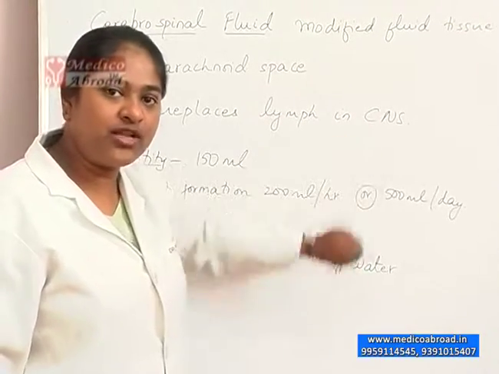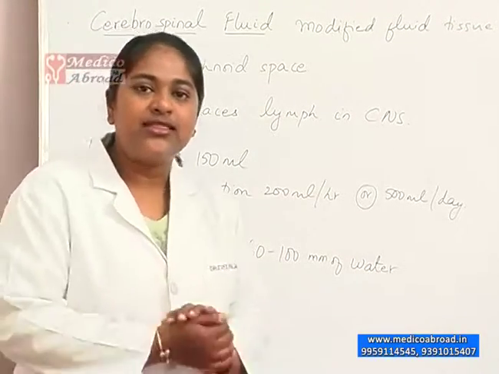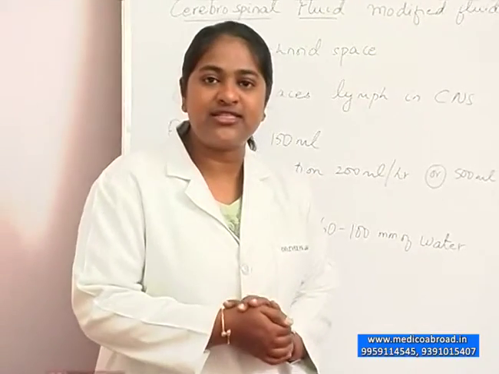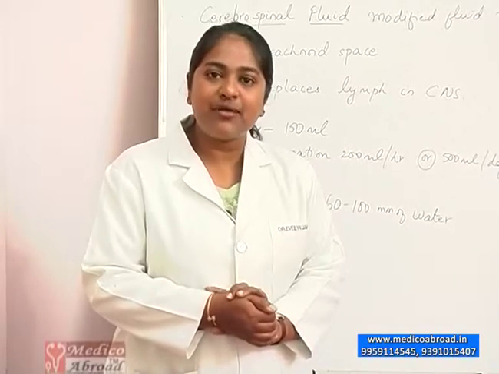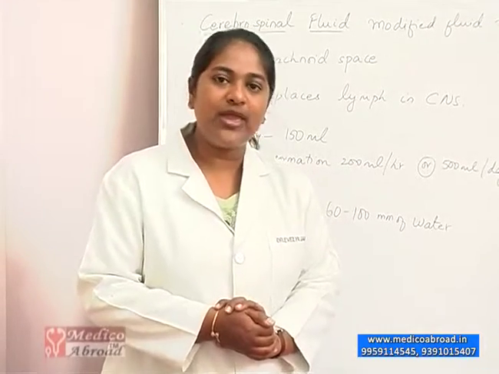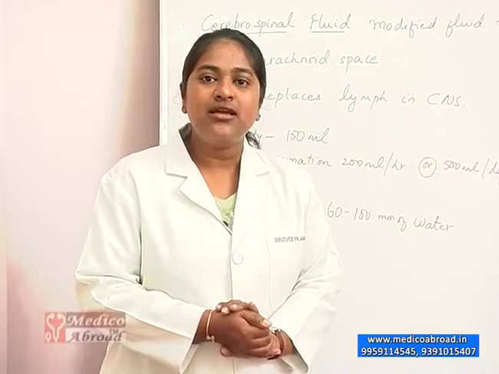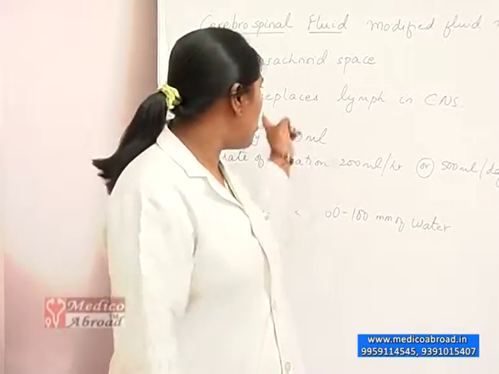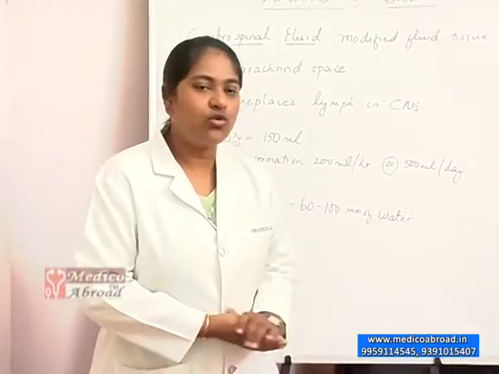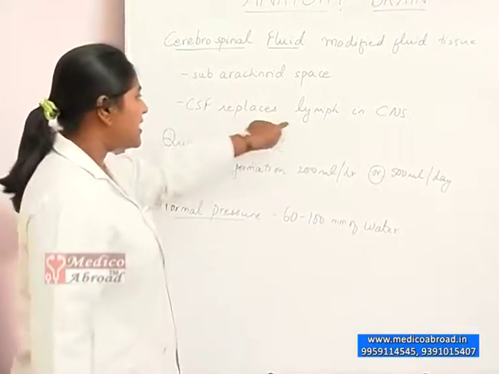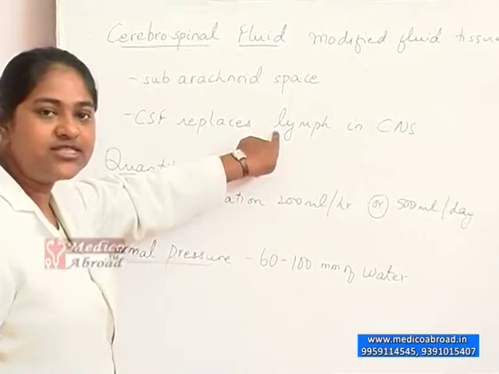That's something important that you must remember. There is no blood present inside the cerebrospinal fluid. It's only lymph. The RBCs are missing. So the presence of blood in the central nervous system or in the CSF is pathological.